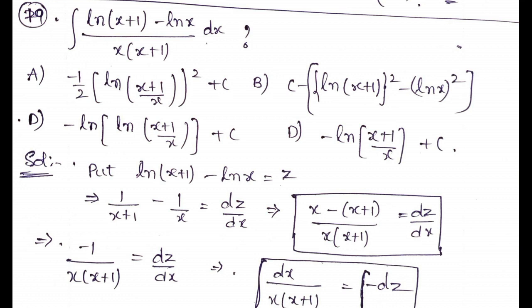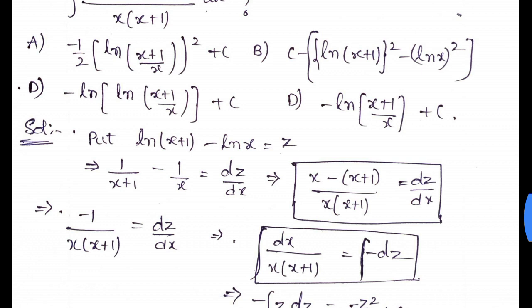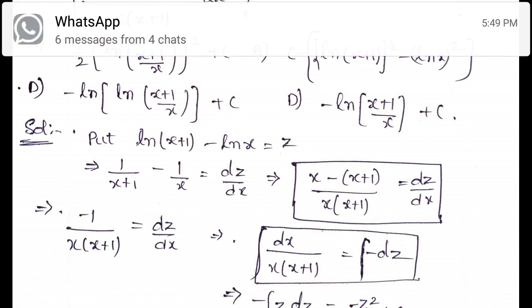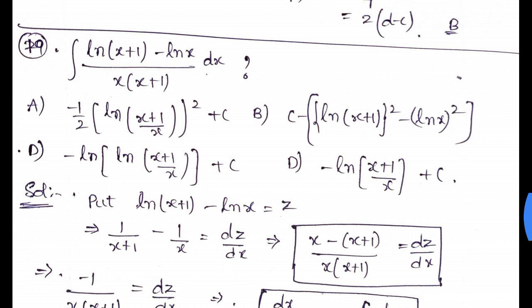Here, if you clearly observe one thing, if you take ln (x plus 1) minus ln x as a term, let us take the term as z. Now differentiate this term: 1 by (x plus 1) minus 1 by x equals dz by dx. Now x minus (x plus 1) by x into (x plus 1) equals dz by dx, which equals minus 1 by x into (x plus 1), which is here in the question.